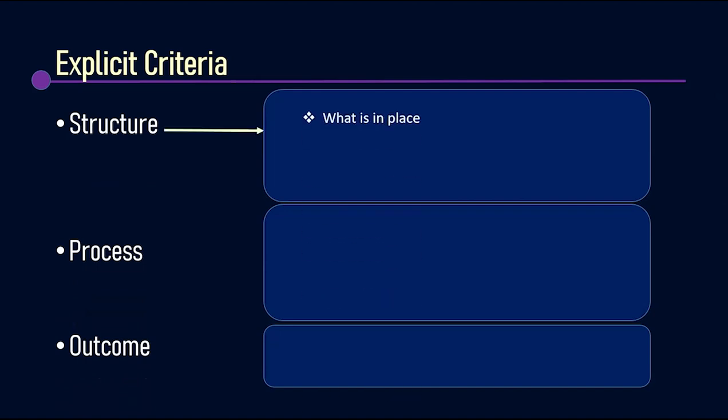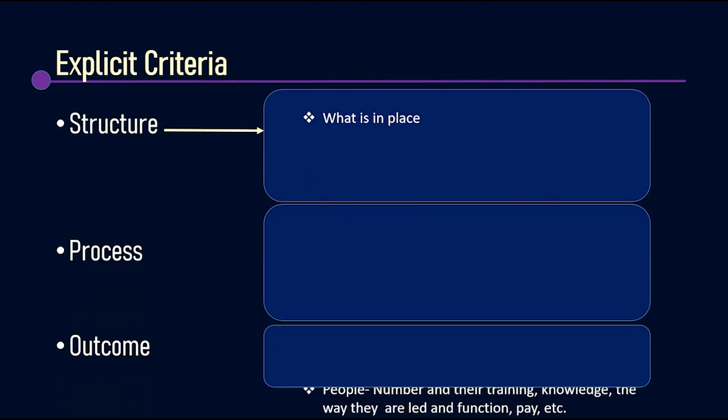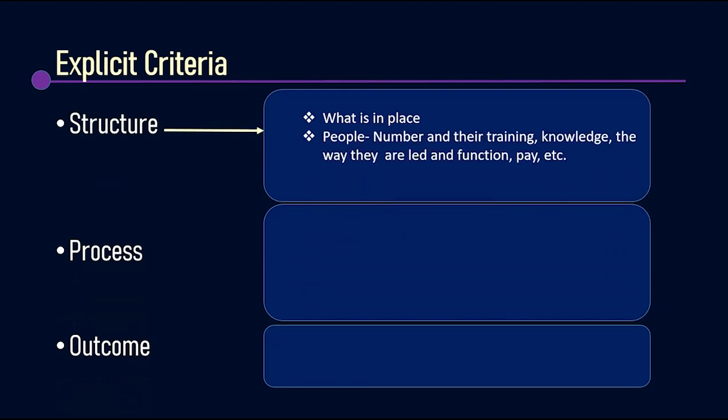Structure means what is in place. For example, how many people are there in the program, how many faculty, how many residents are there, how far they have reached in their training, how knowledgeable they are, the way they are led and function, how much pay they are getting, and whether they are satisfied with the job.